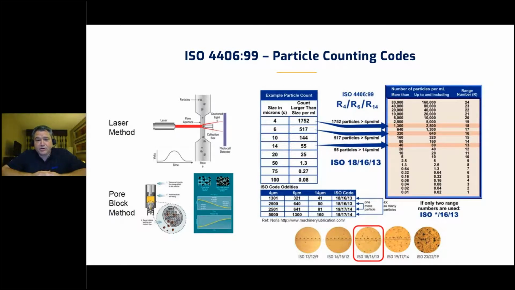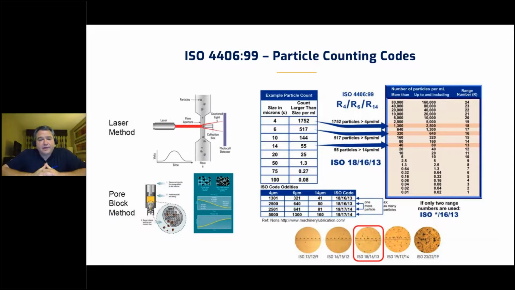If someone was to show you these samples, below that you see an ISO code 18/16/13. What does that mean? If you were showing these 5 patches, we could say what's good, what's bad, but how do we measure whether we're getting better and make that trendable?